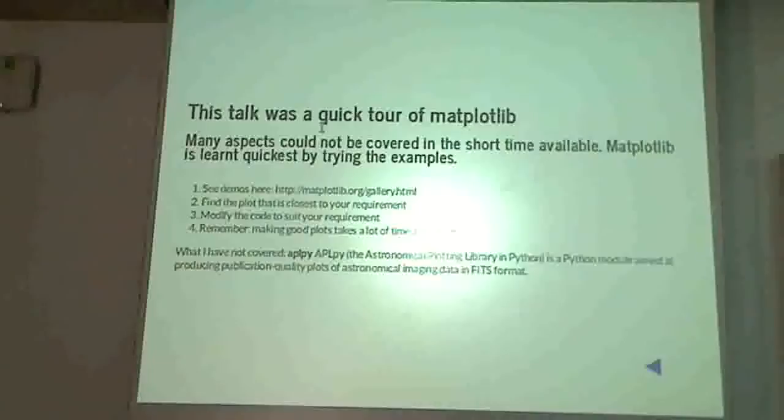So for example, with APLPy, you can specify your coordinates and get data from JPGs and just make an image of that. Literally, you specify your array deck to make a color image. It will fetch all the images over the net. It will scale them, align them, combine them and show you the colored JPG or something like that.